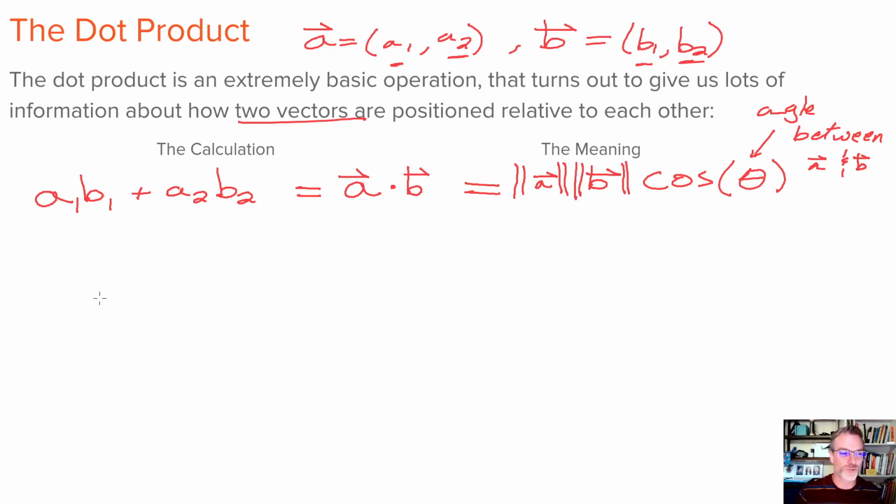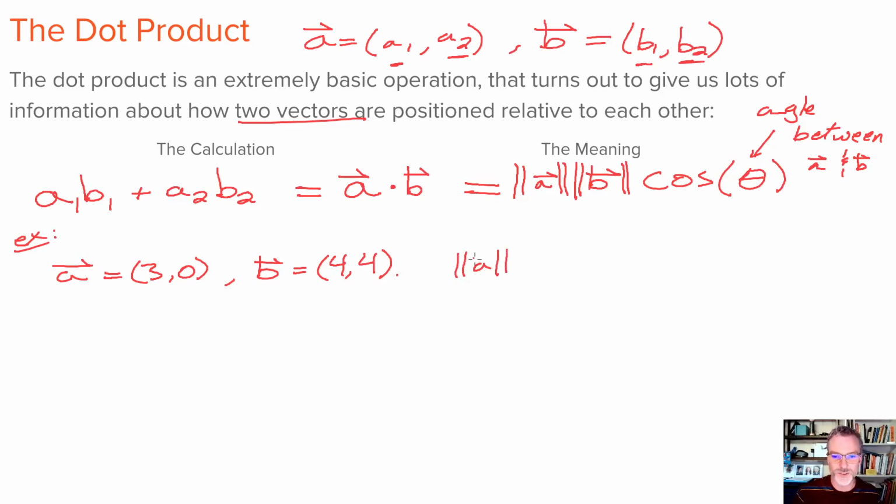Let's actually perform that calculation, and we'll use the vectors from last time. So let's take an example. Let's take the vector 3, 0, and we'll also take the vector 4, 4. Okay. And I'll calculate the length. I notice I need the length over there, so I'll calculate the length of A. I don't have to do a calculation at all.